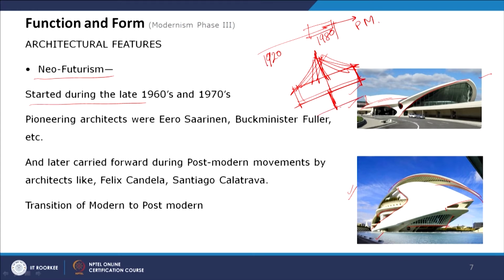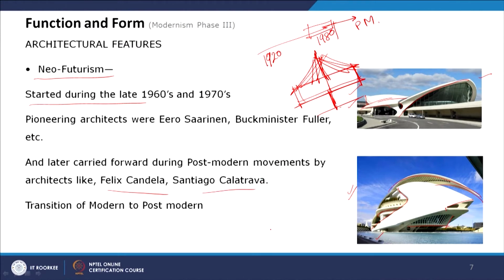And then later this style got carried forward in the postmodern movement by architects like Felix Candela and Santiago Calatrava. Felix Candela used a lot of hyperbolic paraboloid shapes in his design, and Santiago Calatrava uses shell structure as well as tensile structure in his design, which is a continuation of the Eero Saarinen, Buckminster Fuller and Frei Otto designs.